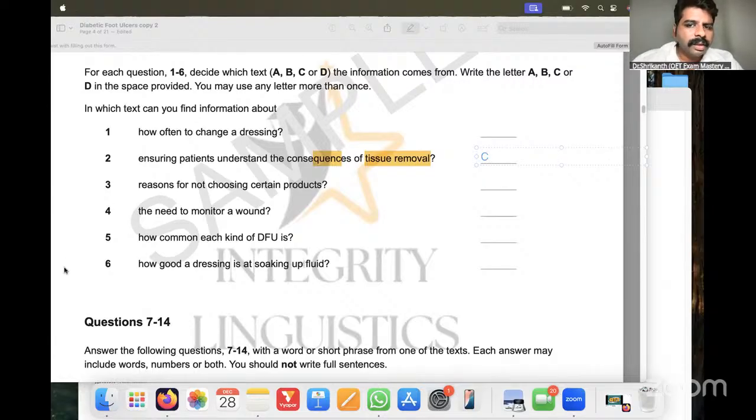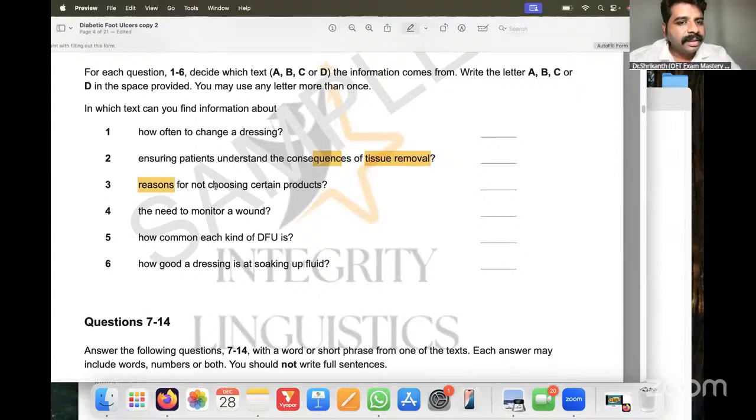What is the third question you see over here? Reasons for not choosing certain products. Okay, so there are certain reasons why we should not choose certain products. Let's understand the question. Here, reasons basically means why.